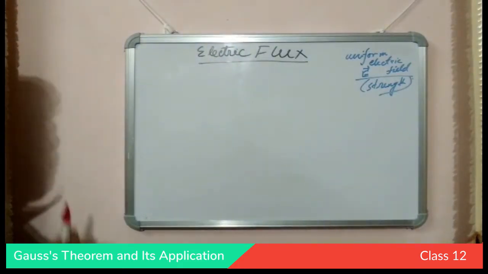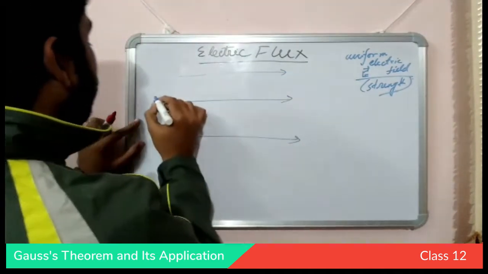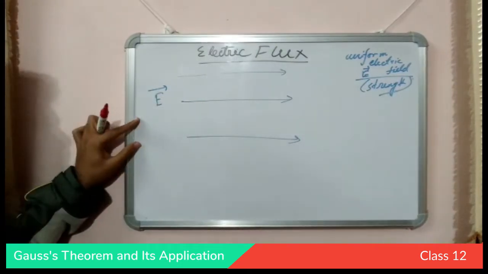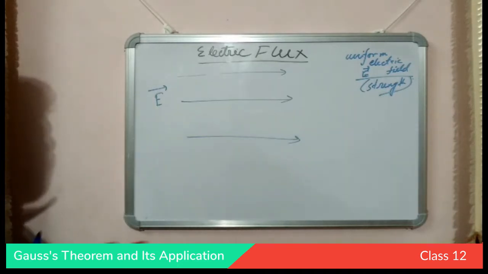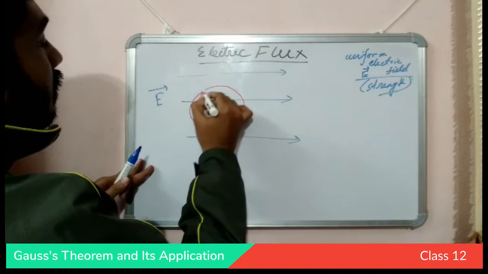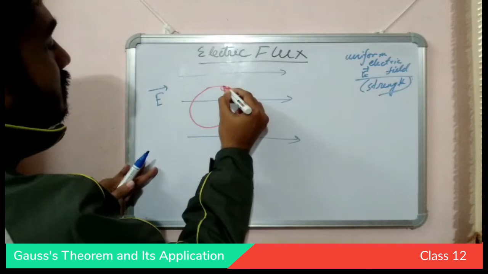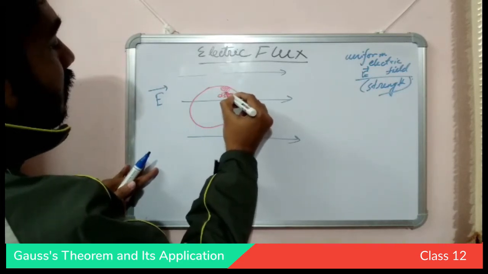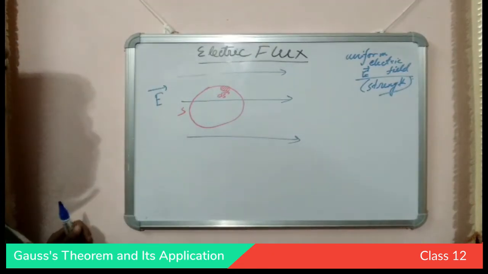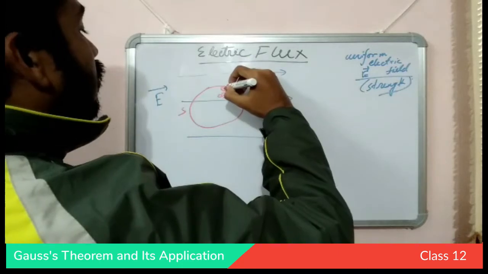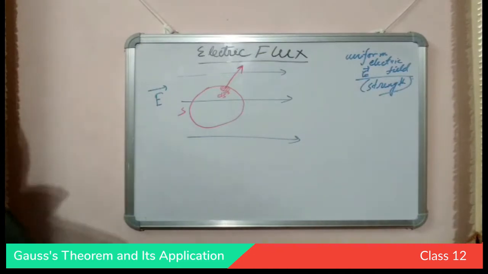Now suppose this is an electric field of strength E. This is known as the electric field strength or electric field, denoted by E, and there is a surface like this, and our test surface is this ds, and the total surface is S. As we learned earlier, the direction of the area vector is always outward, perpendicular to the surface.